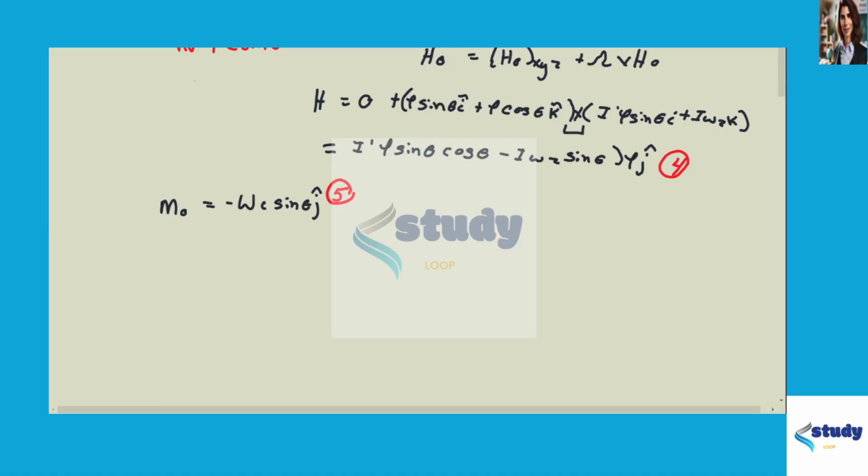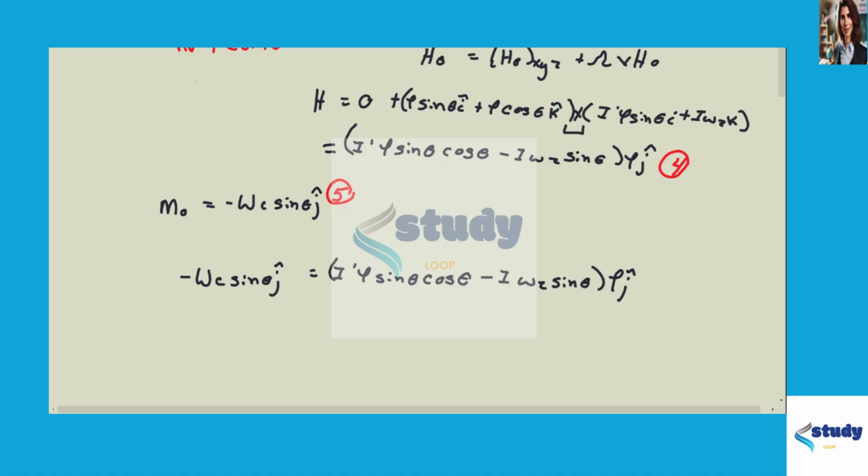And when we do that, we have negative W C sine theta j equals I phi sine, oops, there we go. I knew I was forgetting something over there. Cosine theta minus I, and let me try to get this as neat as possible for everybody.